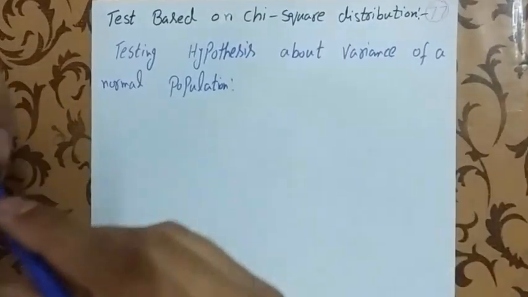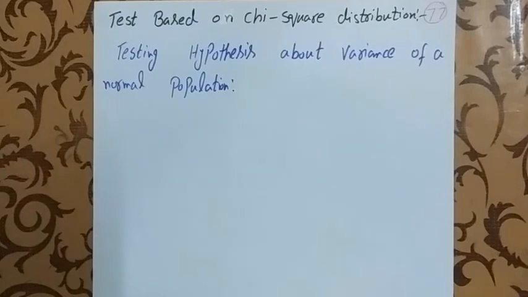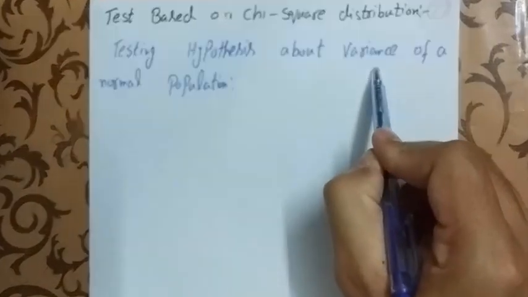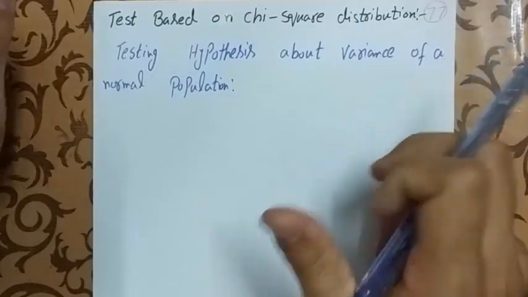Students, now the topic is testing hypothesis about variance of a normal population.